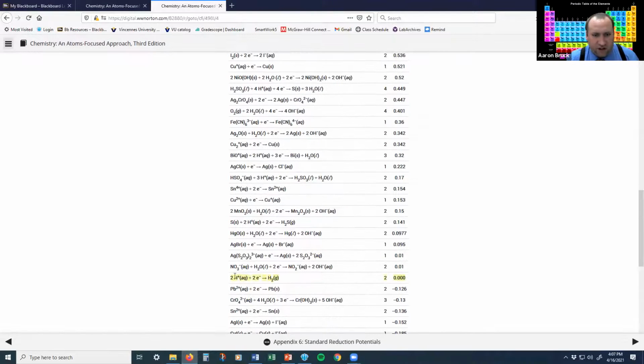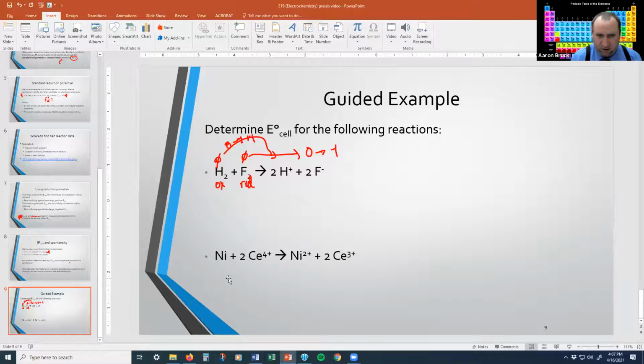For hydrogen, well, that one's easy. The half reaction that I'm interested in is the standard hydrogen electrode. That's got 0 volts.